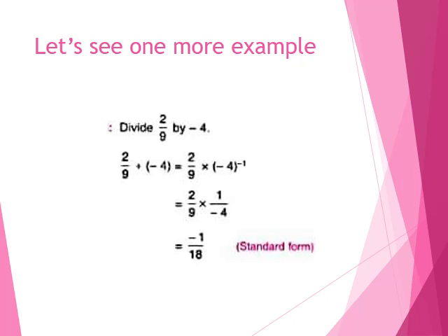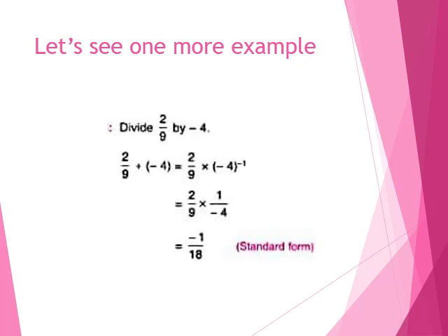So its reciprocal is 1 upon -4. Again solve it. 2 gets cancelled with the 4: 2 ones are 2, 2 twos are 4. So the answer is -1 upon 18. It is in the standard form because we have divided 2 and 4.